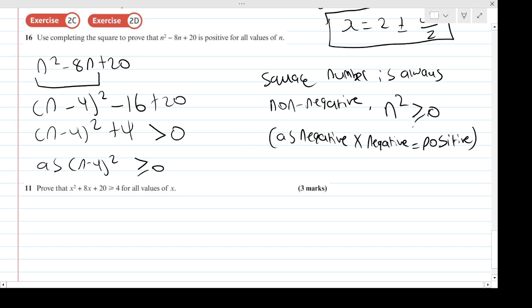So if we then add in a positive number, it's still going to be positive, isn't it? So you have something positive, and then we're adding something positive, it remains positive, so it will be positive for any value. And there we are.